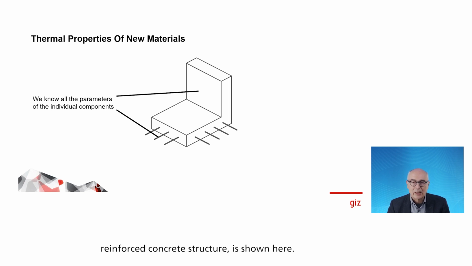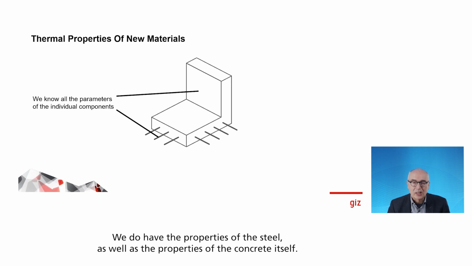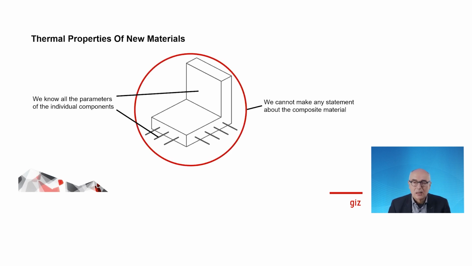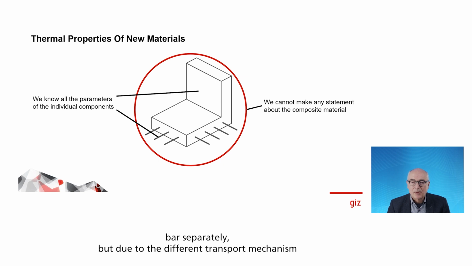A section of a reinforced concrete structure is shown here. We do have the property of the steel as well as the property of the concrete itself. But we could also measure the pure concrete and the steel bar separately. But due to the different transport mechanisms within the materials, we cannot determine the properties of the composite unless we measure the combined materials.